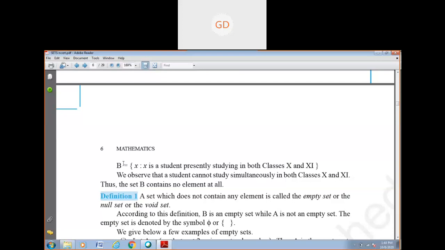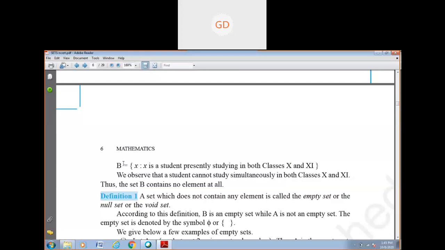But when we go to pick up the natural numbers between 0 and 1, we do not get anything. That is, no natural number exists between 0 and 1. So the number of elements is 0. But the definition is correct, so it is a set.